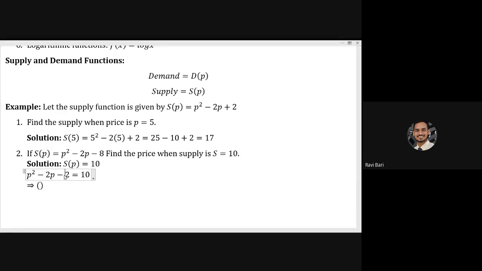Now solve this. So try to find the factors of this polynomial. P plus 2 and p.